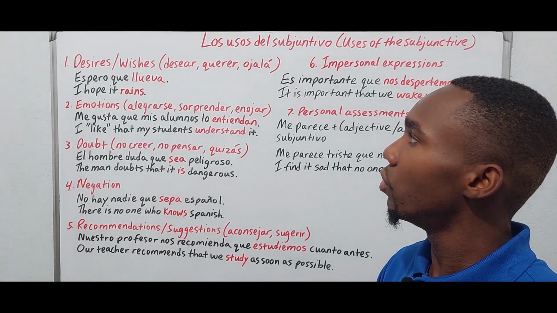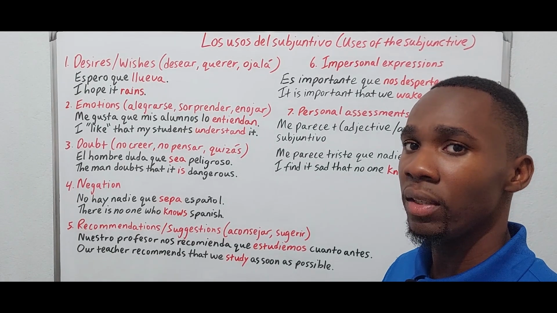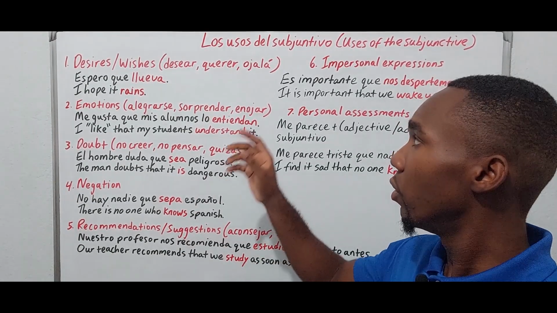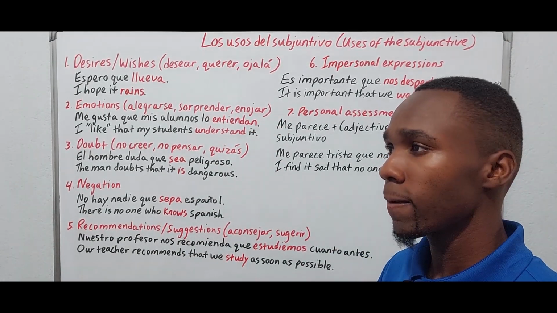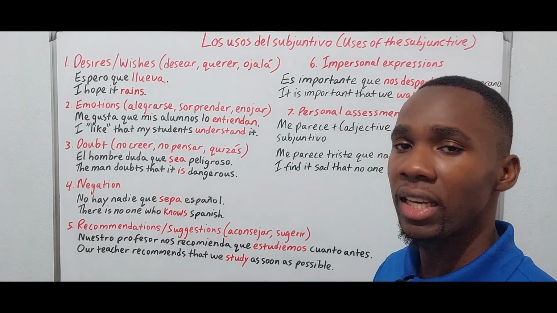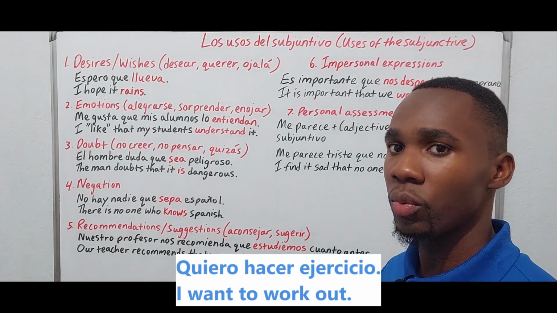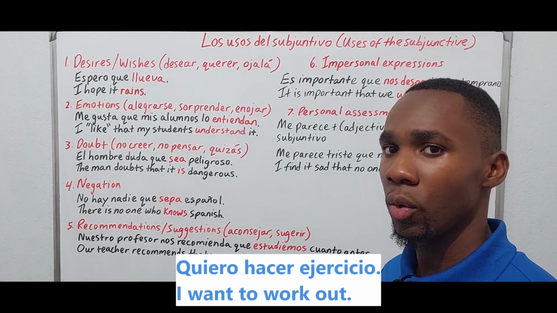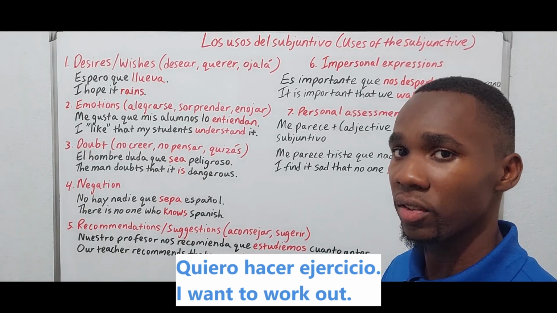Now I'm going to show you why the subjunctive requires two subjects. So if I want to use the verb querer, which is to want, and I say quiero hacer ejercicio, I want to work out. That's an infinitive. But why do we use the infinitive? Because we're talking about the same person, the first person singular.